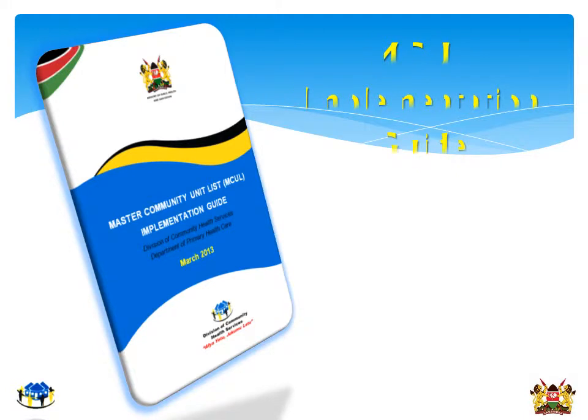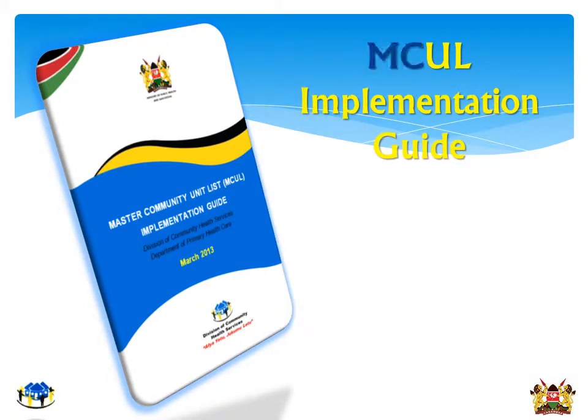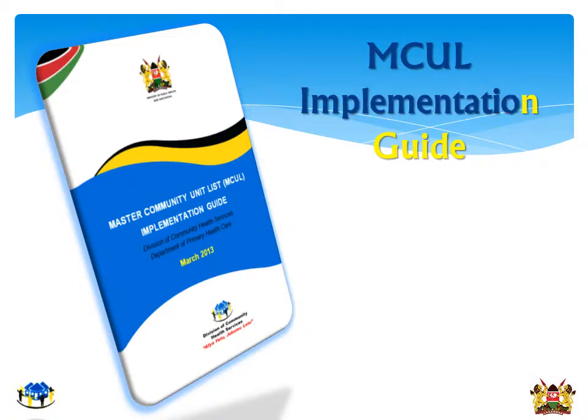We also have the Master Community Unit List Implementation Guide, which assists users in understanding how to create and manage CU records in the MCUL database. These reference materials are available in your packs, either in soft copy on the CD or in hard copy, and are also available on the website.